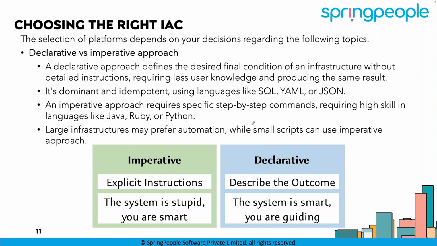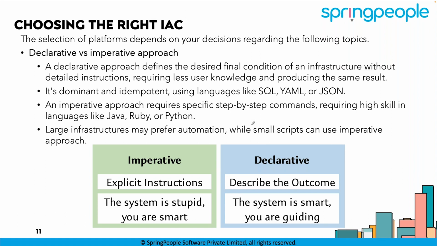It is declarative and imperative. So declarative is dominant and idempotent. Dominant means it takes control over that particular cloud provisioning, cloud service provider, and it is idempotent.